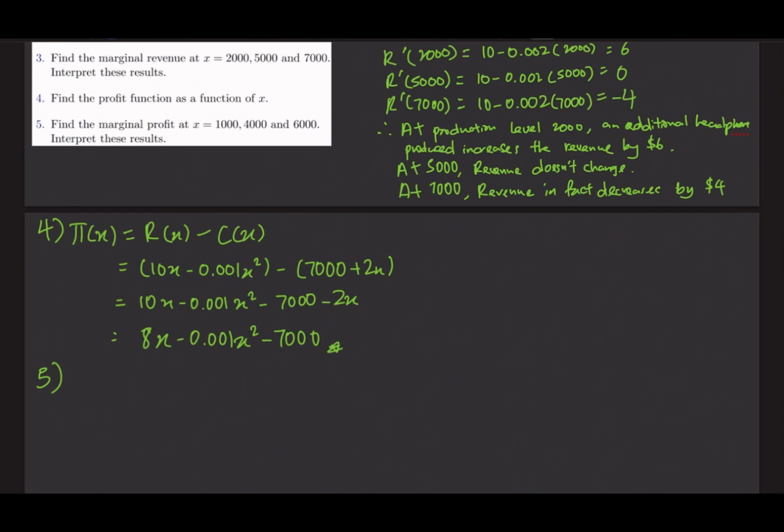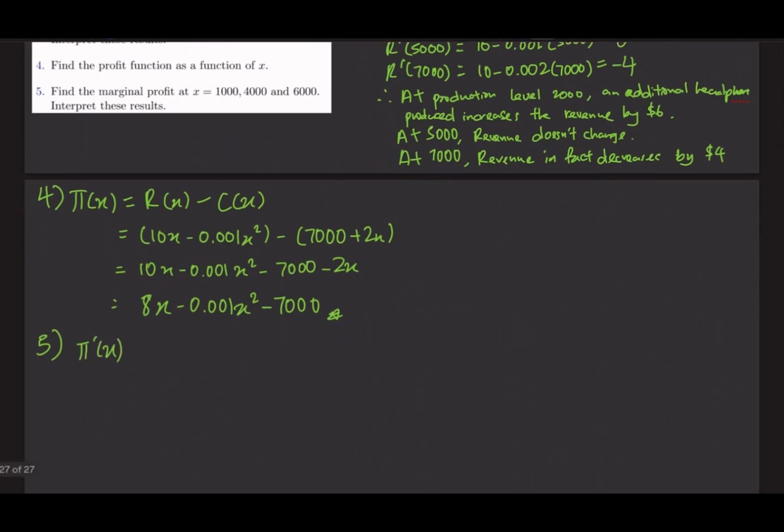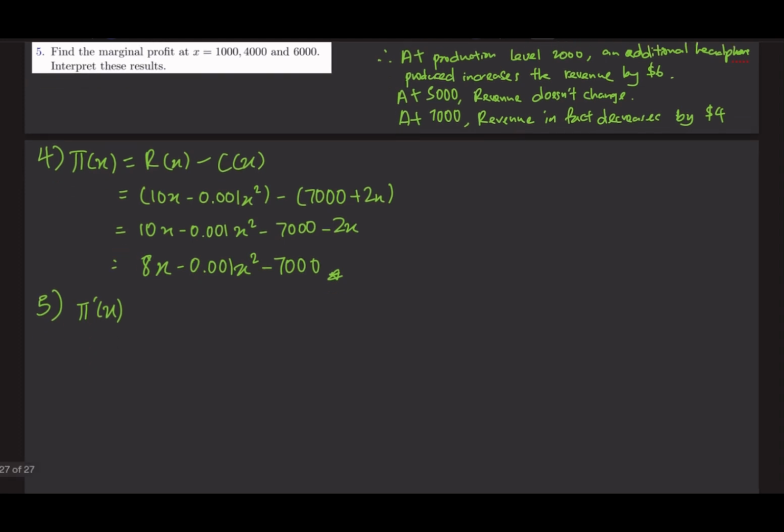Now, finally, find the marginal profit at x equals 1,000, 4,000, and 6,000. Then we can differentiate this function first.